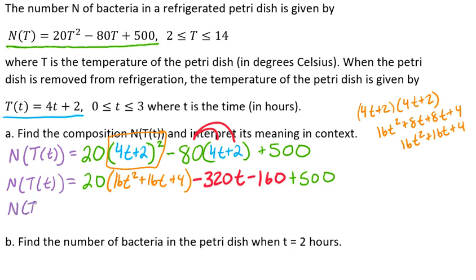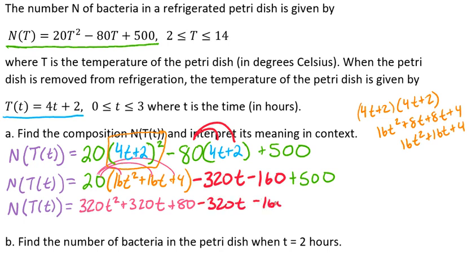So for our N(t), we're going to distribute that 20, and now that's going to give us 320t² + 320t + 80 − 320t − 160 + 500.